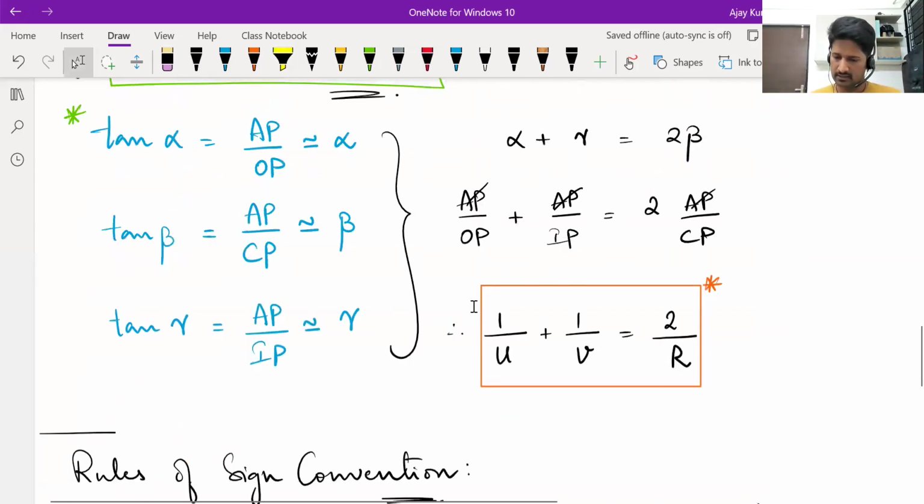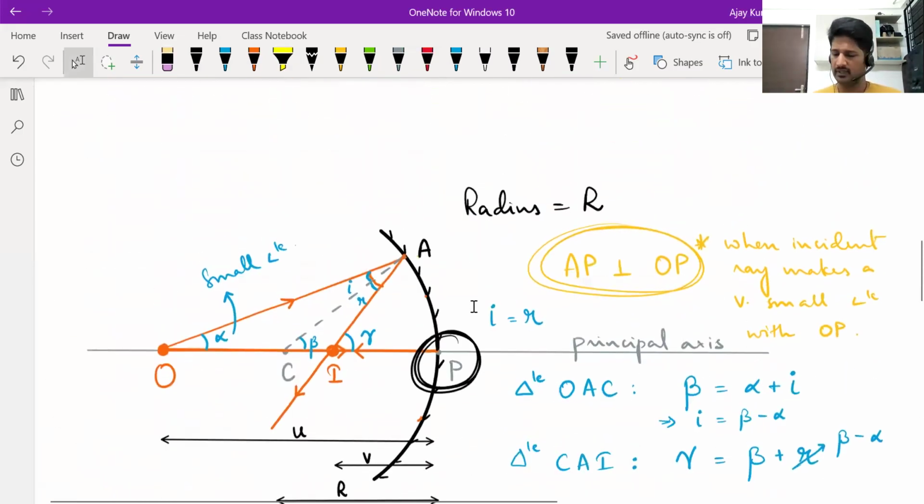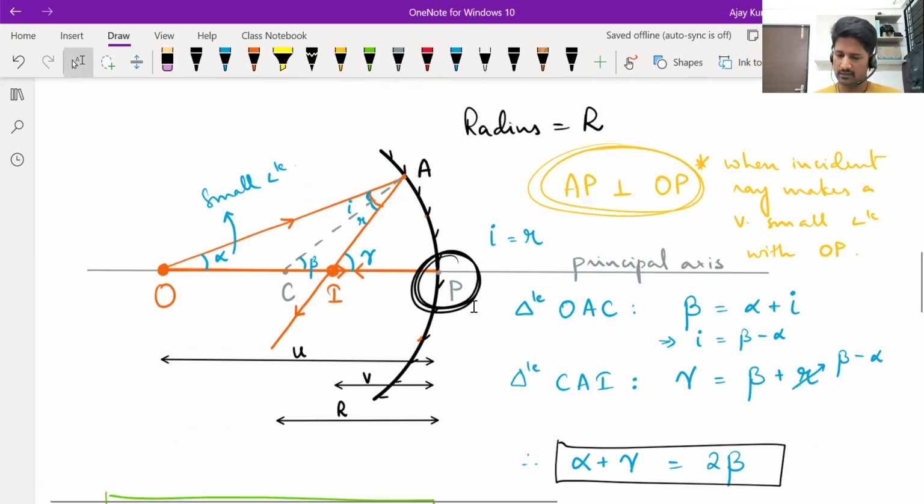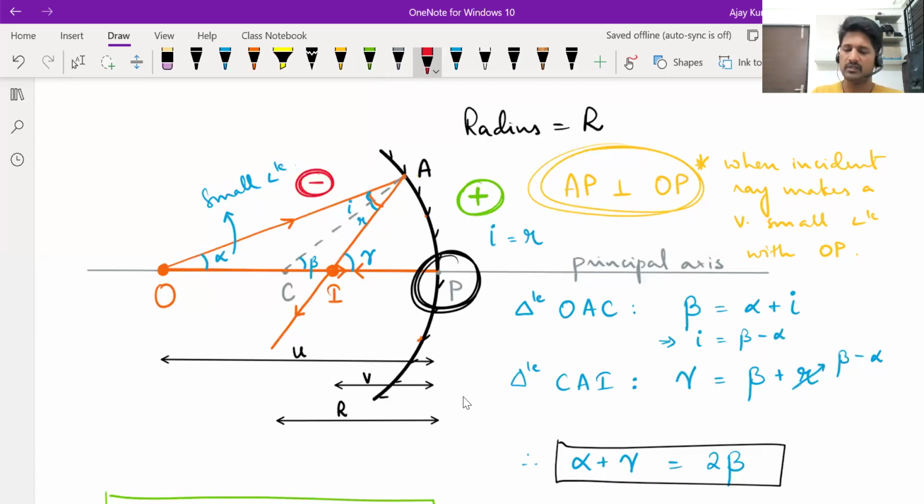Like in this case, in using which we have derived the formula relation between object distance and image distance, incident rays are going to the right. Therefore, the right side part of the principal axis will be considered positive and the left part of the principal axis will be considered negative. Anything on the right of the pole is a positive distance. Any distance on the left of the pole is a negative distance.